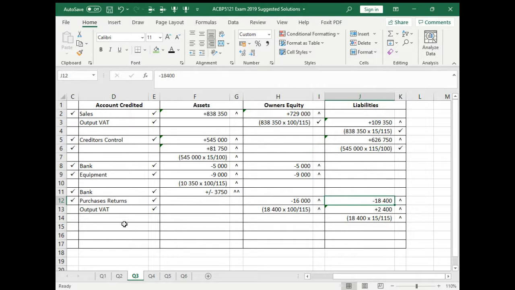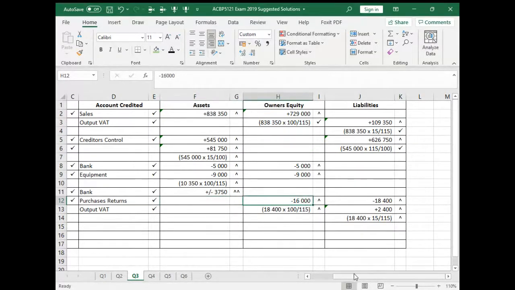Okay, output VAT is also a liability, but we are increasing that account with the VAT component, which is the 18,400 multiplied with 15 over 115, which is the 2,400. Now if I add the negative and the positive together, it should be the same as the owner's equity amount. And if I add all of this together, it should actually be 0.